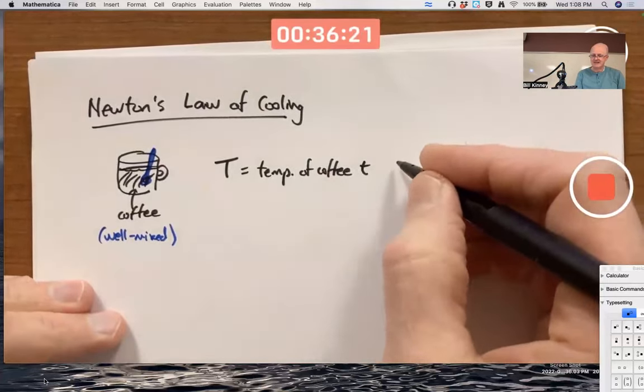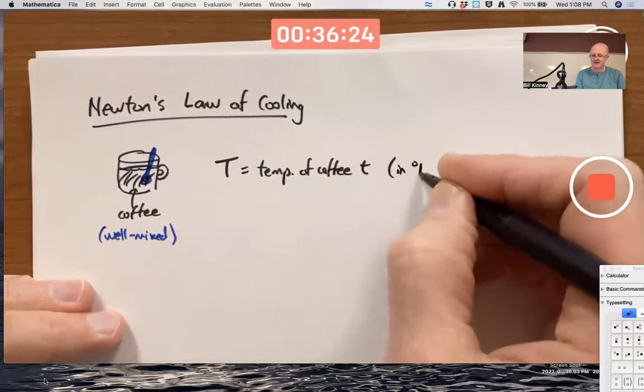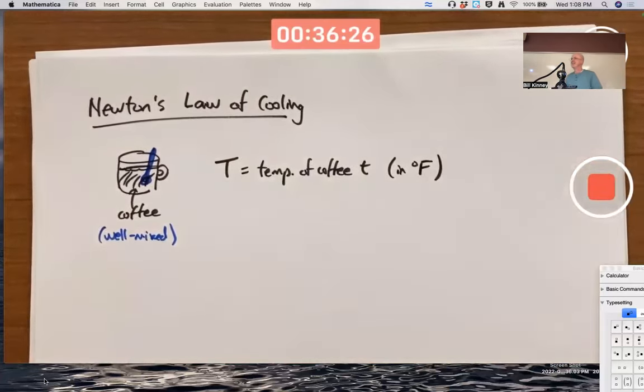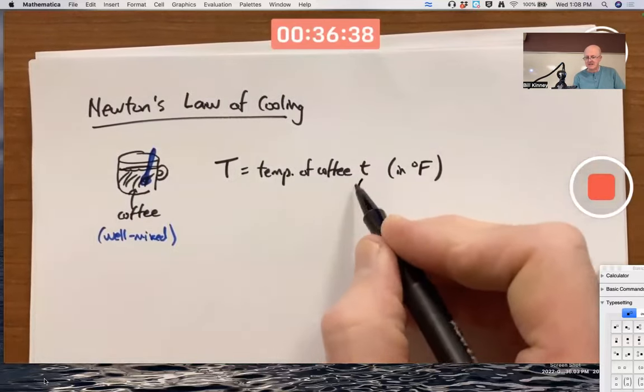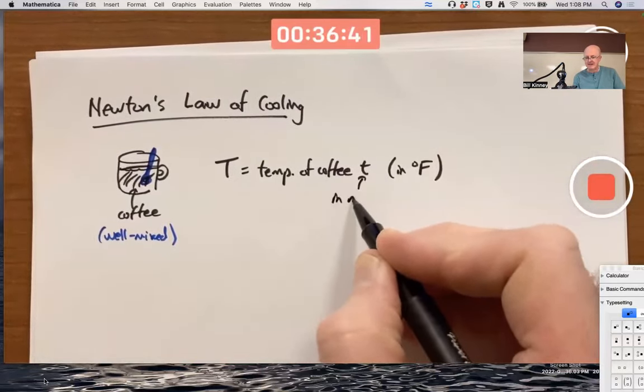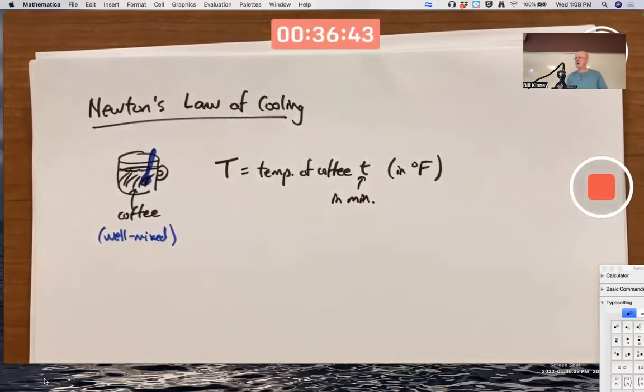Let's buck scientific standards and go with, say, degrees Fahrenheit. Scientifically, it's probably better to go in Kelvin or Celsius, but we'll go in degrees Fahrenheit. What would make the most sense for t? Probably minutes. I mean, seconds would be okay as well, but as far as keeping track of the temperature of the coffee so that it cools to a temperature at which you could drink it, probably makes more sense to use minutes.